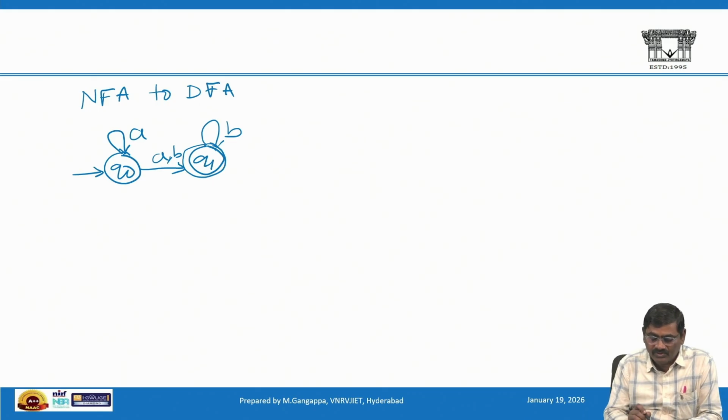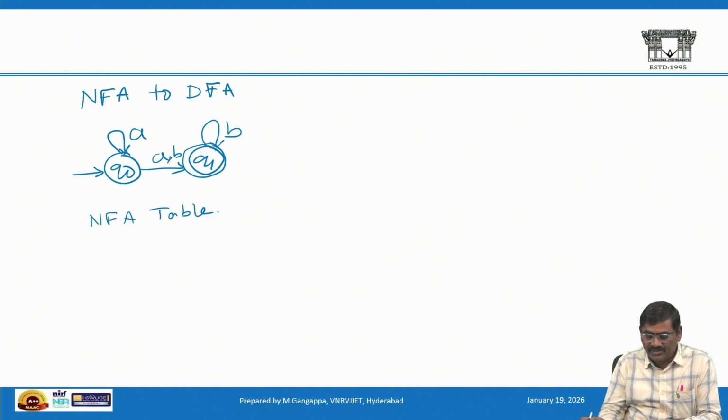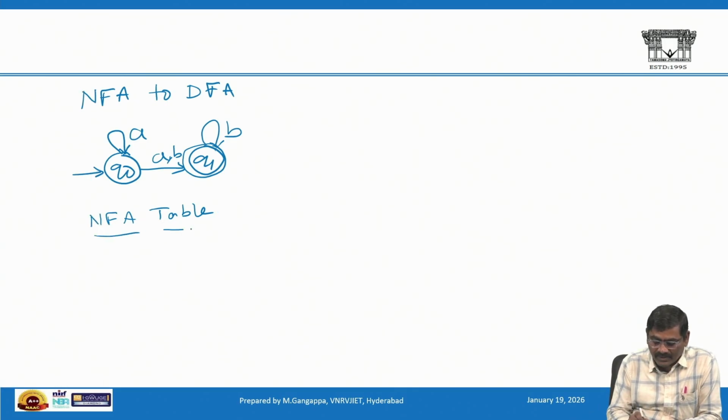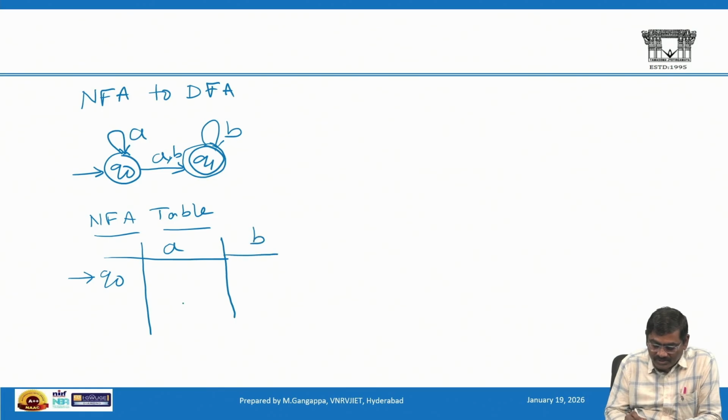Now let us see how to convert the NFA into a DFA. The first step is to draw the transition table for the NFA. Q0 is the initial state, with input a and input b.